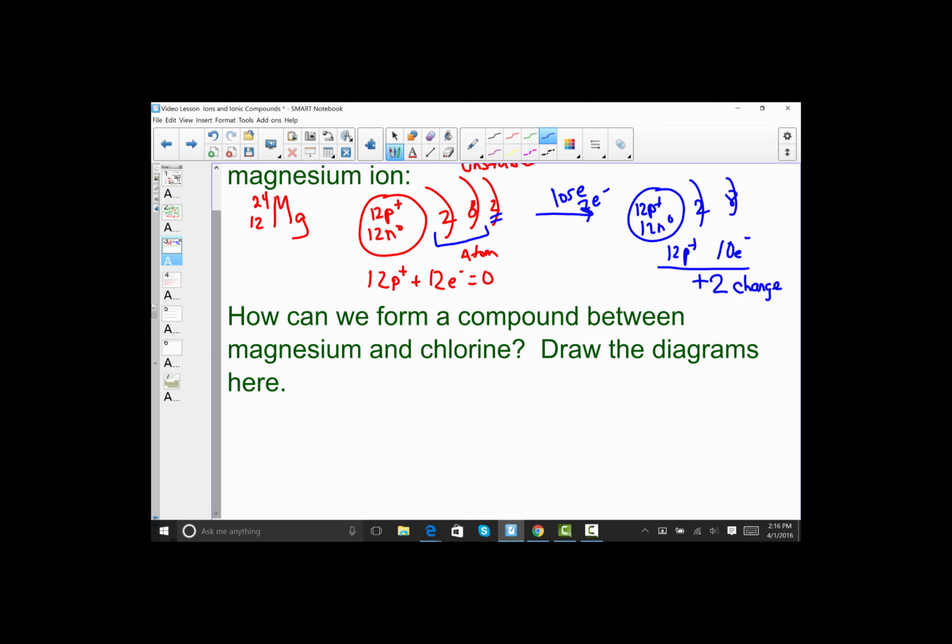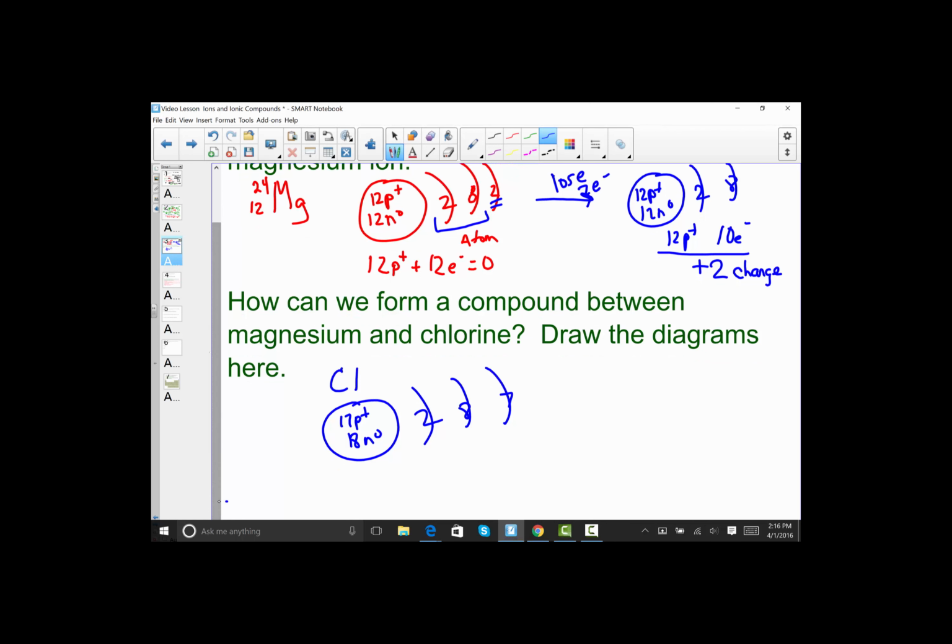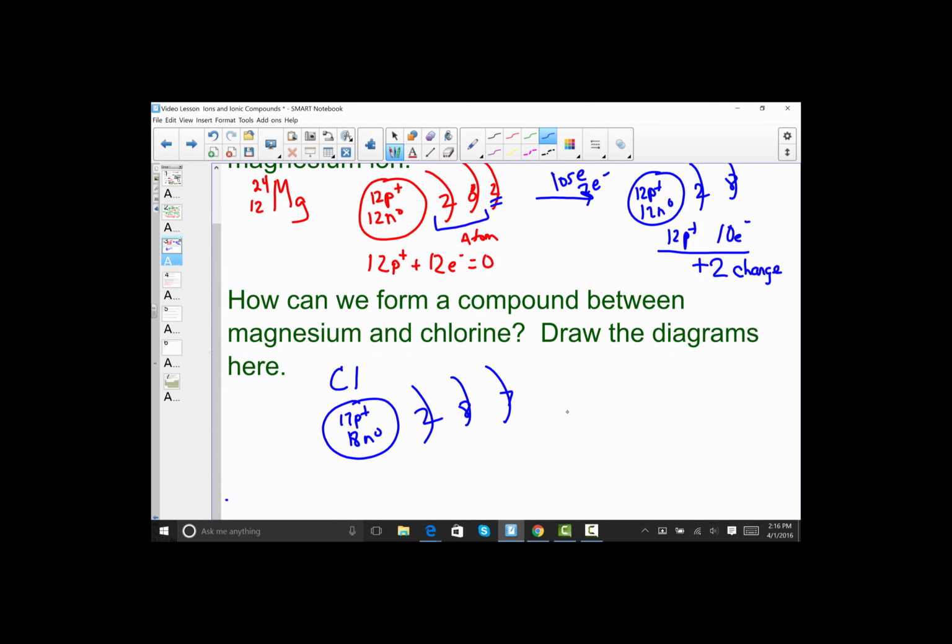Well, where do those electrons go? I mean, they've got to go somewhere. If we revisit that element chlorine that we just looked at a moment ago, we remember chlorine with its 17 positive protons. Its arrangement was 2, 8, and 7. Remember that chlorine would only have room to take in 1 electron.